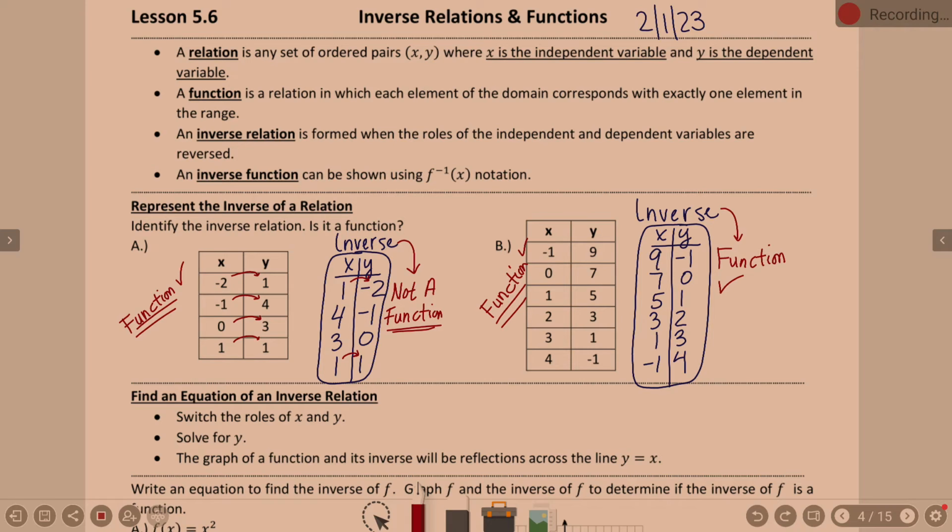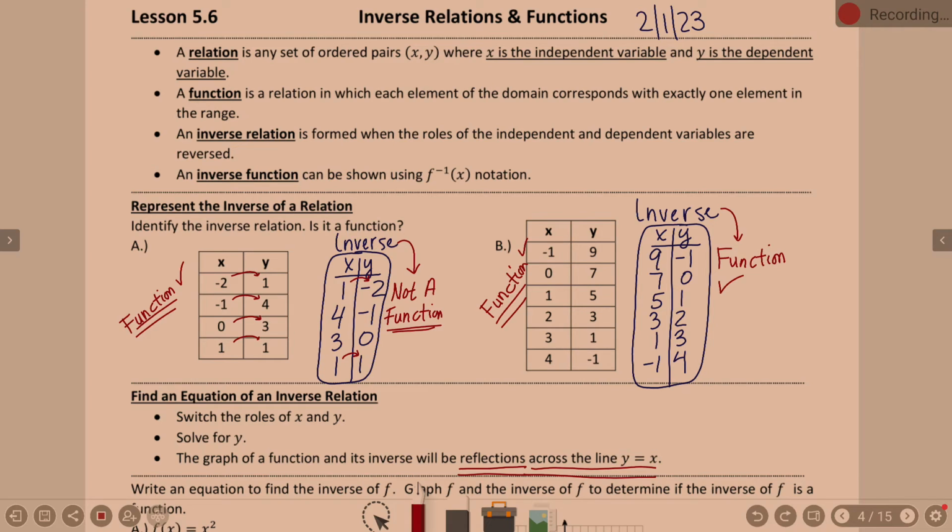And something that I'm going to demonstrate here as well is that the graph of a function's inverse will always be reflections across the line y equals x. So that's another thing. If you're given an original relation and an inverse, we can tell if they are truly inverses if they reflect across the line y equals x.